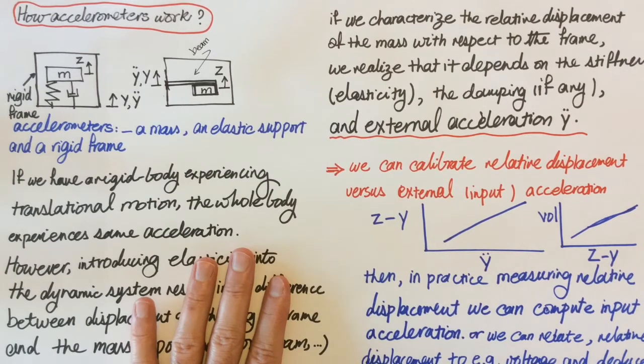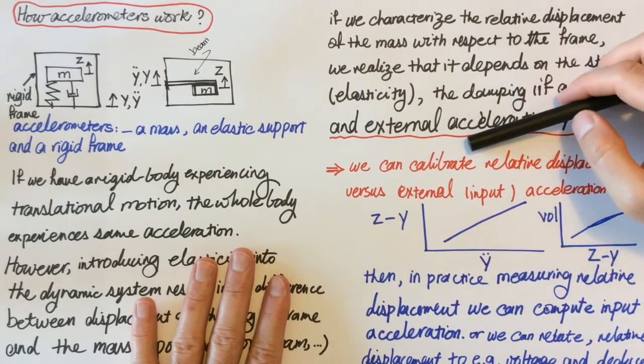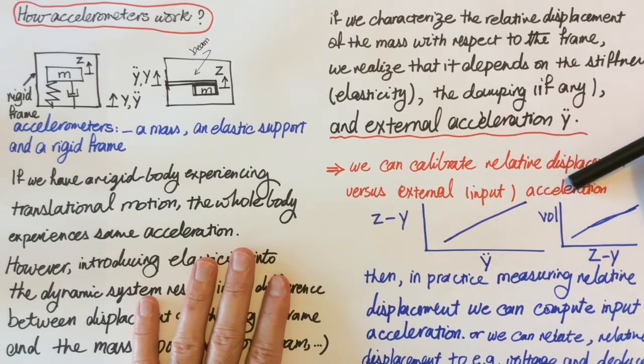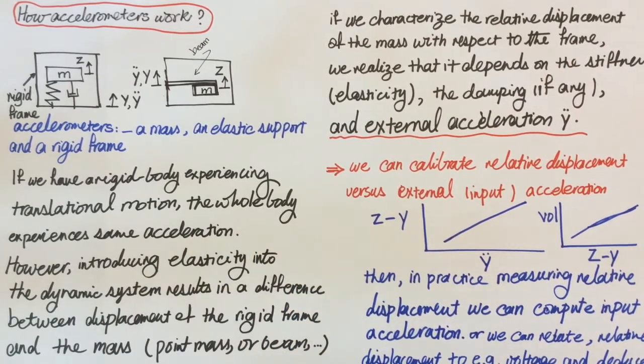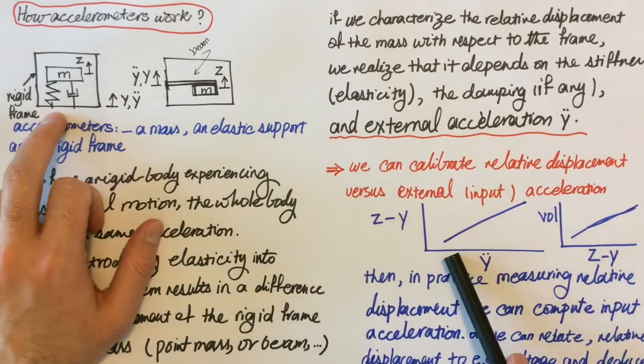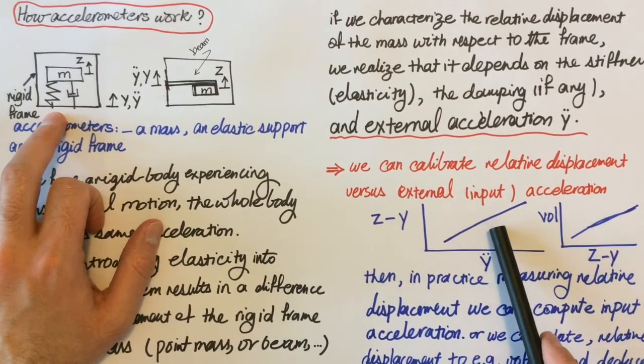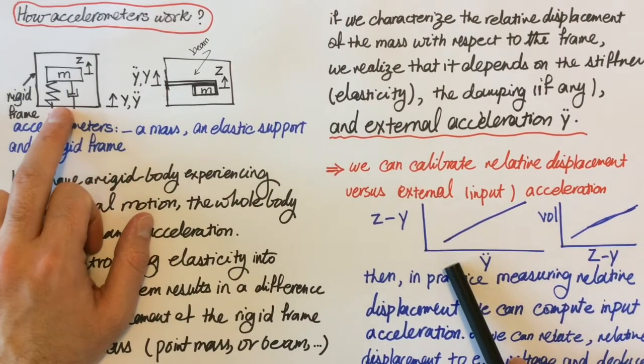So if we calibrate relative displacement versus external input acceleration, then we can use this calibration curve to identify external acceleration, right? So if I take this accelerometer to the lab and devise this calibration curve, now I have this calibration curve with this accelerometer.